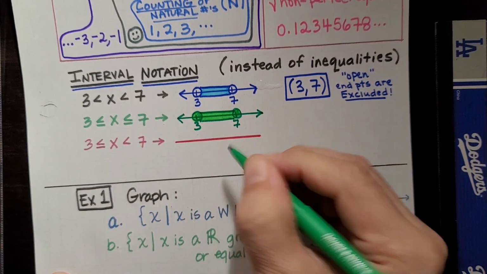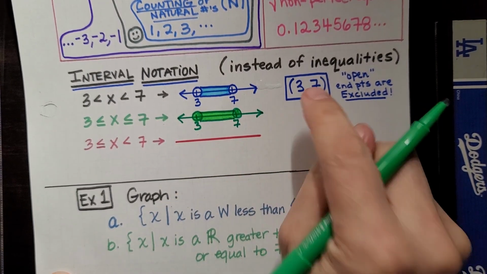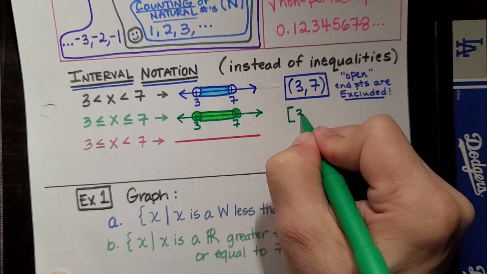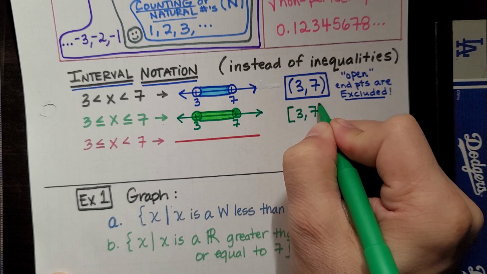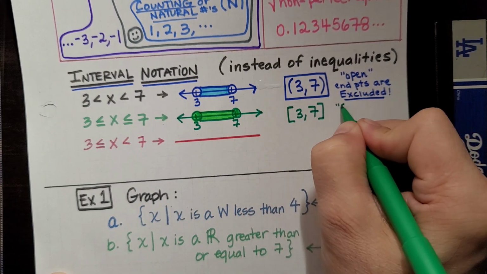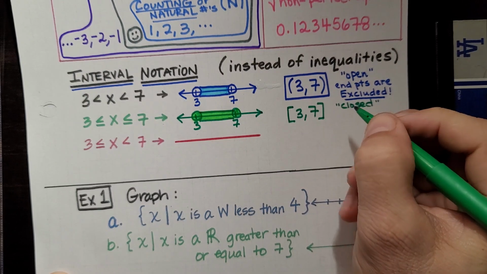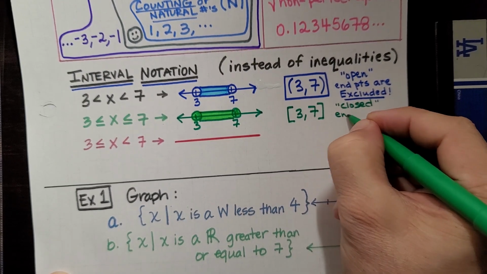And the way you write it in interval notation, the way you write it in the college algebraic way is bracket. This is the closed interval from 3 to 7. It is a closed interval, and all that means is the endpoints are included.